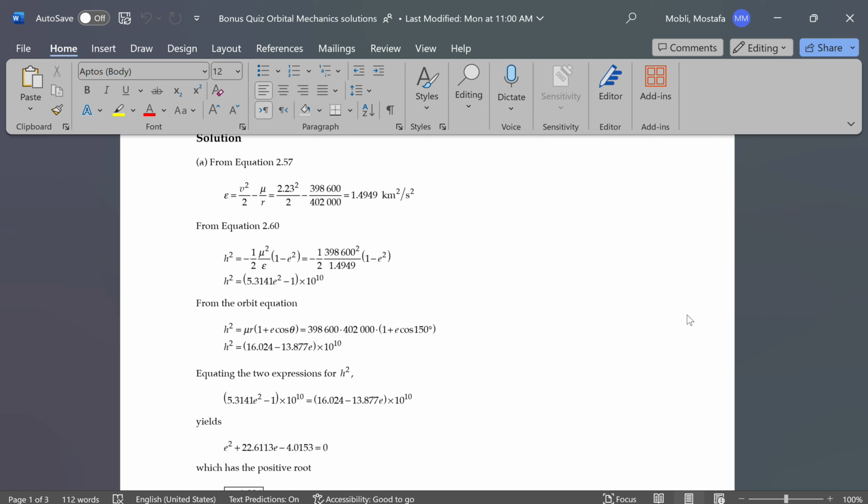But how did we change the energy equation to give us this equation? What do we have here? The only things we have are energy, eccentricity, and angular momentum. In the energy equation, we also have mu, and we have r and v that do not appear here. Two bonus points for whoever can give me a correct answer.